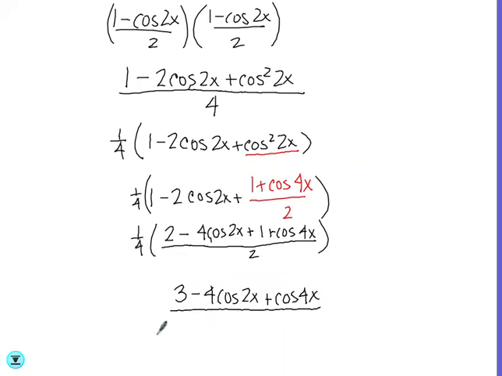And then if I multiply the denominators, that is all over 8. So if you needed to know what sine to the fourth of x was, we now have that formula in terms of the cosine of multiple angles, and we no longer have any exponents.